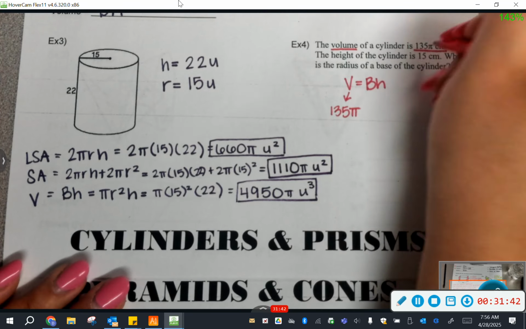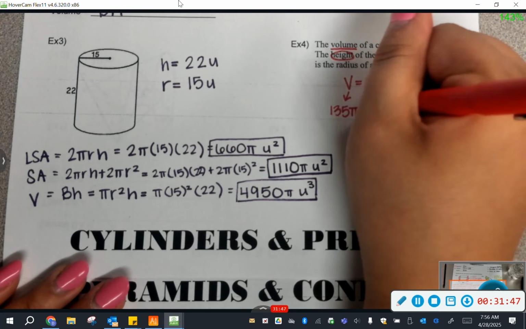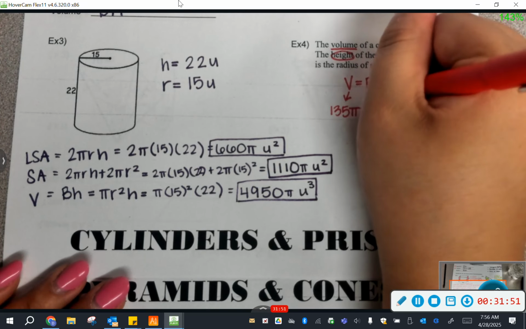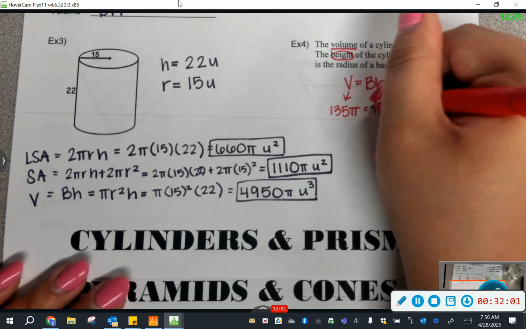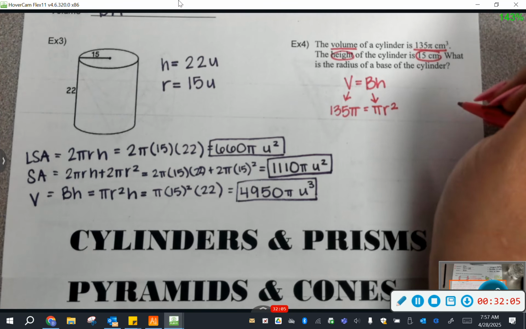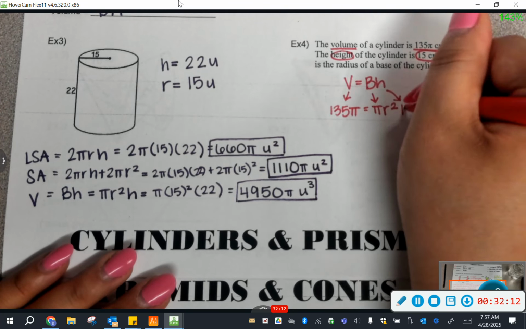The height of the cylinder is 15 centimeters. What is the base of a cylinder? Instead of writing big B, what can I write instead? What's the area of the base of a cylinder? Pi r squared. The 2 is with circumference. Yeah. And then what did it tell us the height was? 15. So I'm going to plug that in.